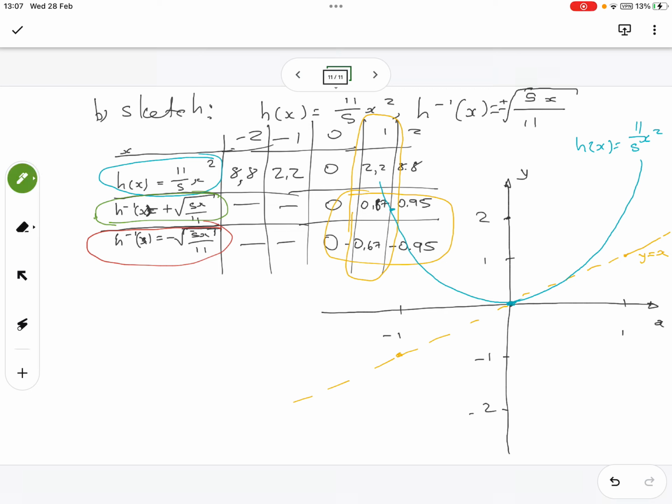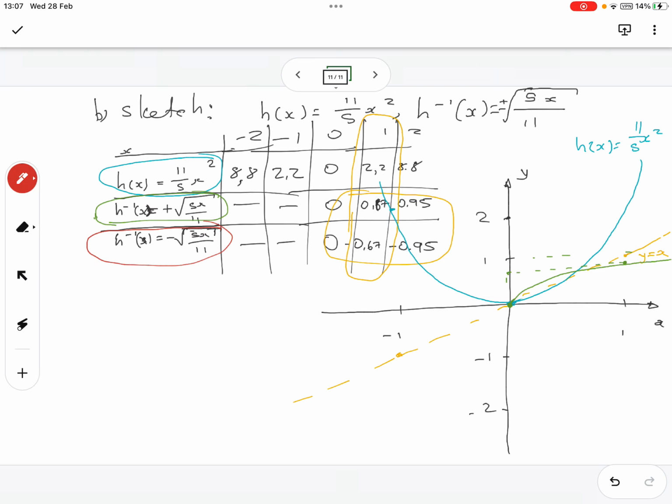Okay, now we do the green graph. So at 0 we have 0. At 1 we have 0.67. So for x is 1, y is at about 2/3, so somewhere there we'll have our curve. And for x is 2, it'll go a little bit above there, close to 2. So our curve will do something like that.